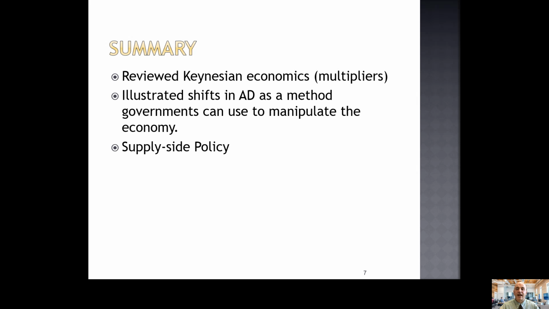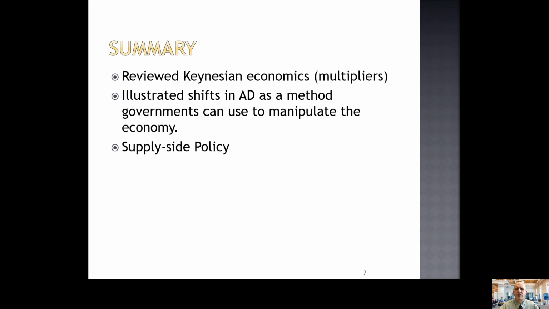And so what you should get out of this chapter is essentially a review, really, of the Keynesian multiplier effect. You'll explore graphically what that looks like with a different perspective, the aggregate supply, aggregate demand shifts. I'm not going to test you greatly on aggregate supply, aggregate demand.